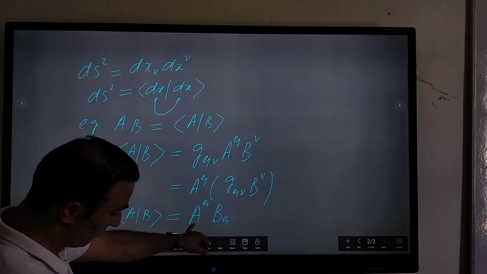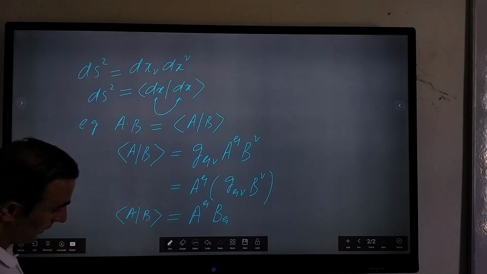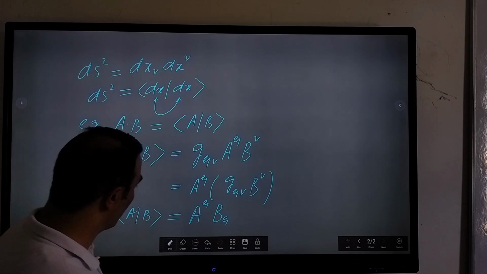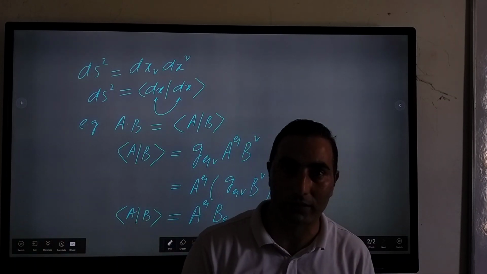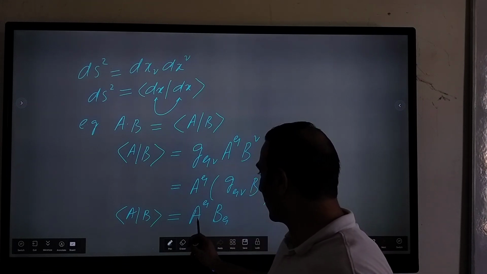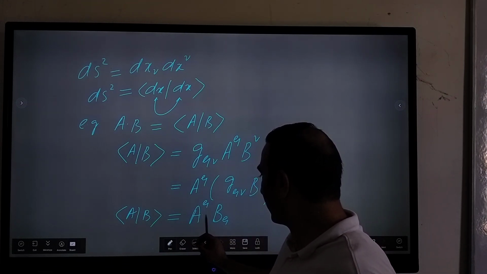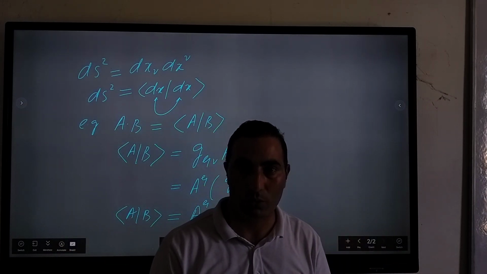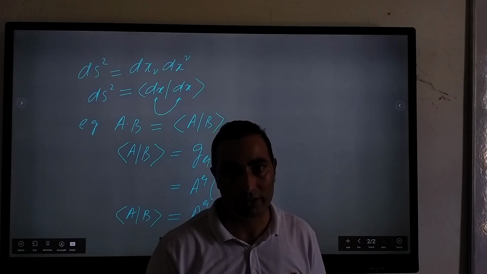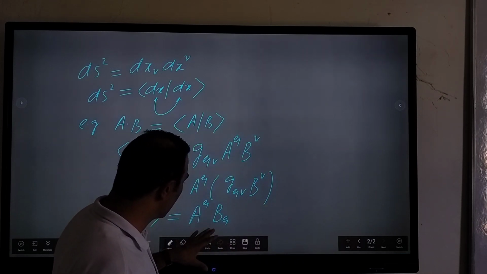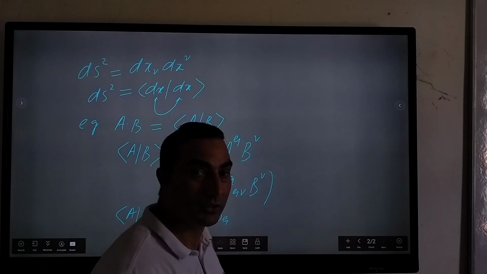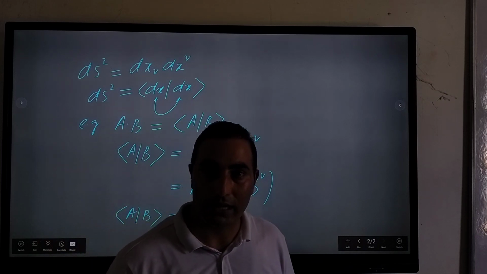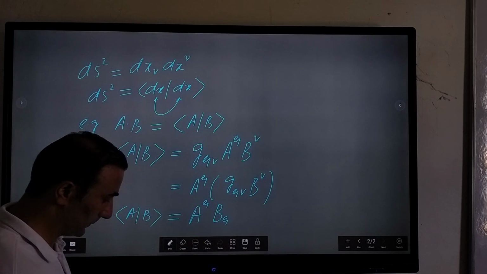So that means A with B is equal to A nu B nu. So this is simply the dot product between the two vectors: you take the superscript of this index with the subscript of this, right? That's A nu B nu. We'll discuss what's contravariant and covariant maybe in our coming lecture. But this time just remember that we are basically multiplying the subscript with the superscript. So that simply determines our scalar product, that's A dot B, right? So this is clear, right?